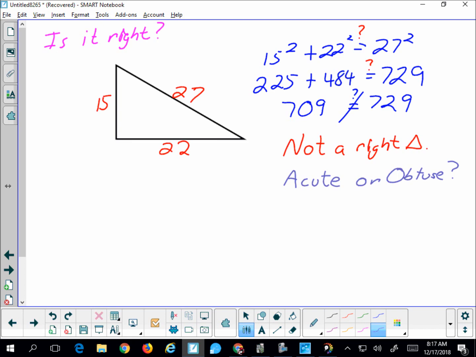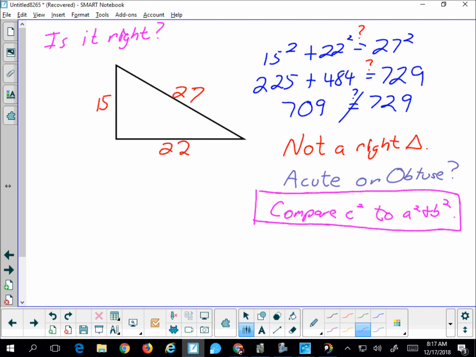So here, the consistent way to determine this is to compare c squared to a squared plus b squared. All right, so for this part, I always try to stay consistent. I look at how c squared compares to a squared plus b squared.